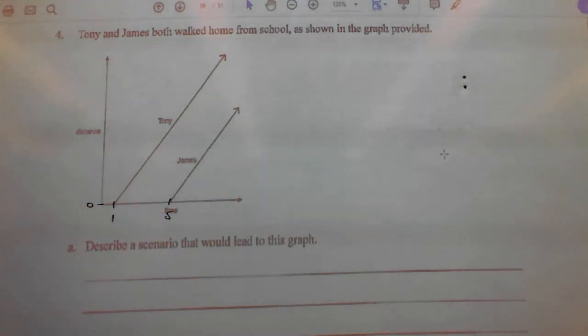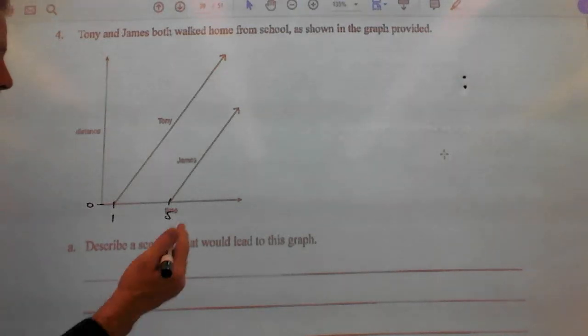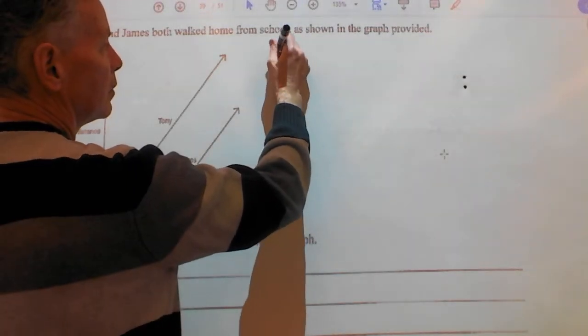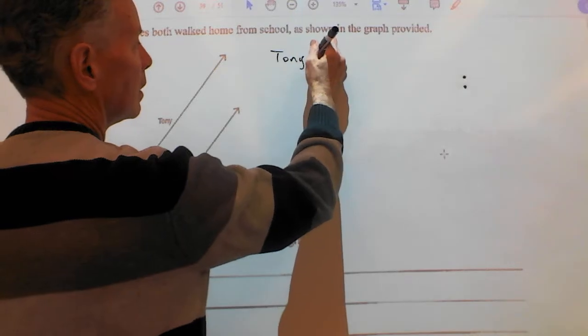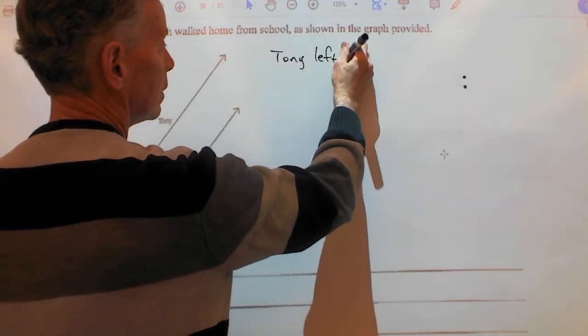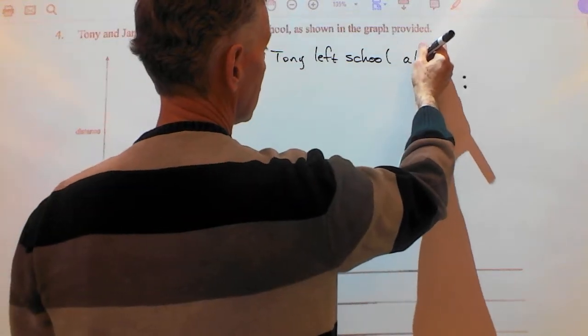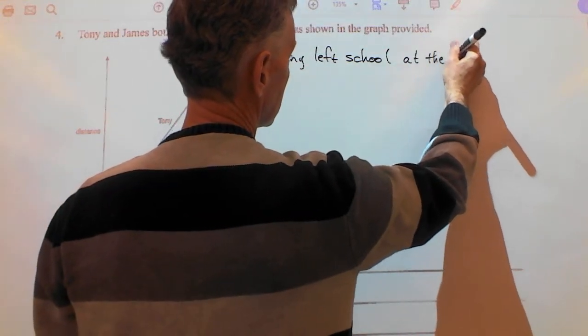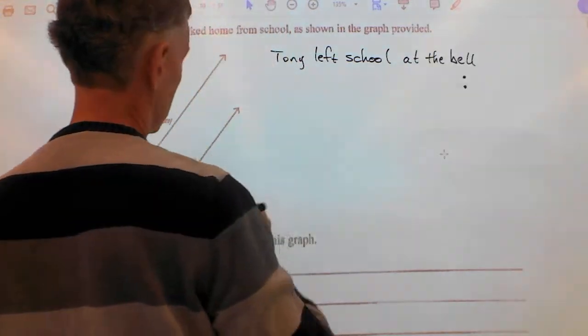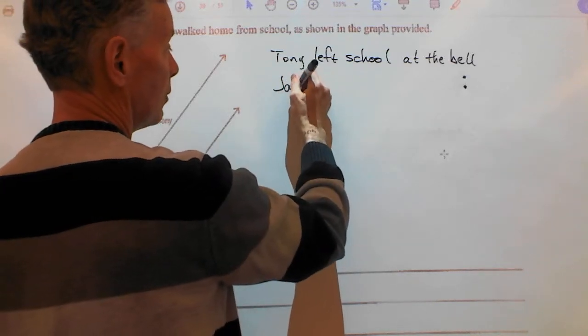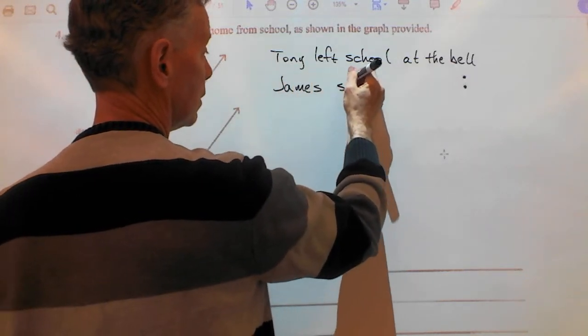So, describe the scenario that would lead to this graph. Tony left school at the bell. James stayed for basketball practice.